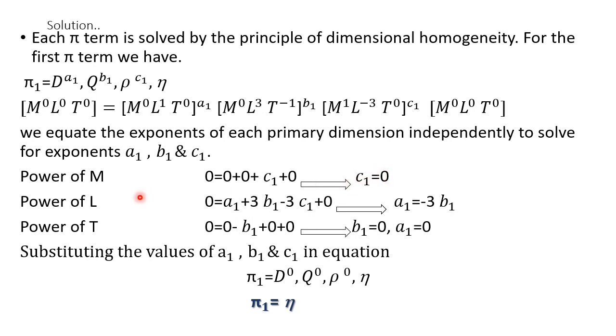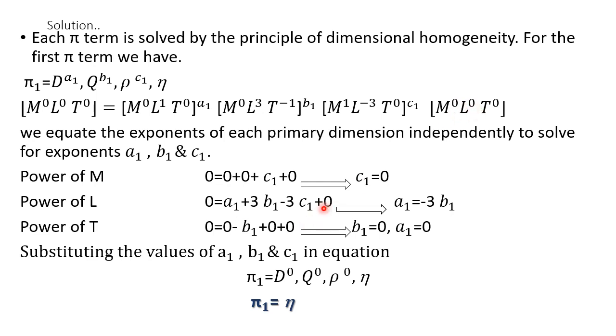Okay, now let us compare the powers of L. On the LHS there is no power, it is 0, equal to, let's come to the RHS. Here I have L1 into a1, so a1, plus here I have l to the power 3 into b1, so it is 3b1, and here I have l to the power minus 3 into c1, it is minus 3c1, and it is l to the power 0.